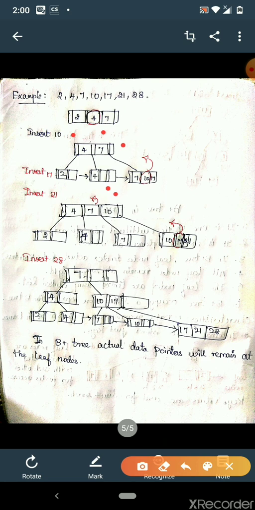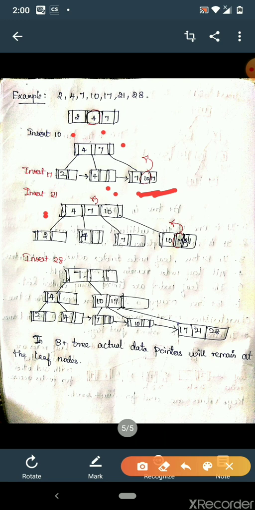So on the right side of the 7 you will be having 7, 10, and then I'm going to insert 17 also. So here the node is full. So again the split up, I'm going to move 10 as a root node. Then I'm going to insert 21. So 4, 7, 10 are the root nodes, but the node is full.